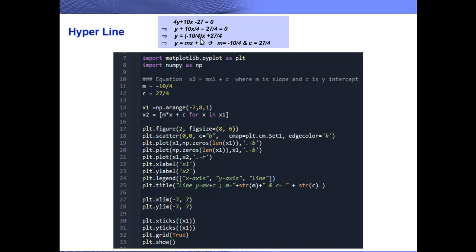Now this minus 10 by 4 is nothing but the slope, and 27 by 4 is the y-intercept. So m is equal to minus 10 by 4 and c is equal to 27 by 4. Put this value in x2 is equal to mx1 plus c, which is the same as y is equal to mx plus c.